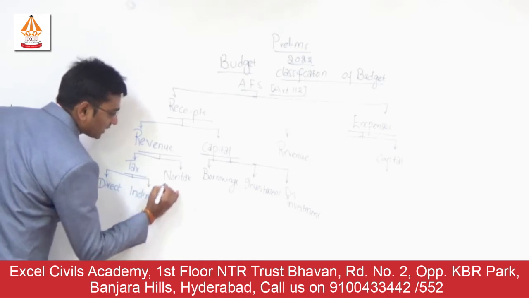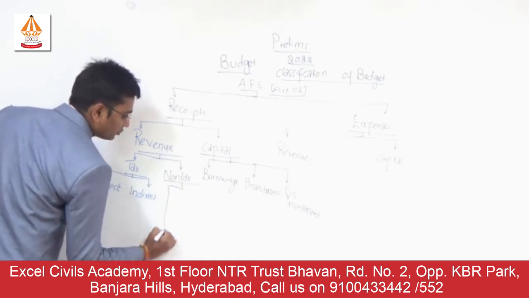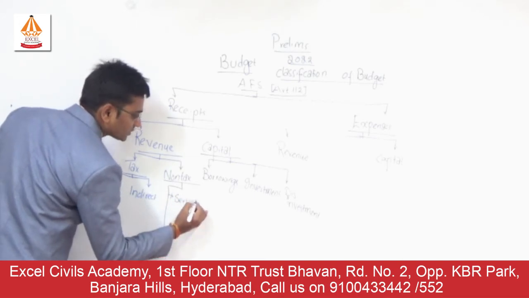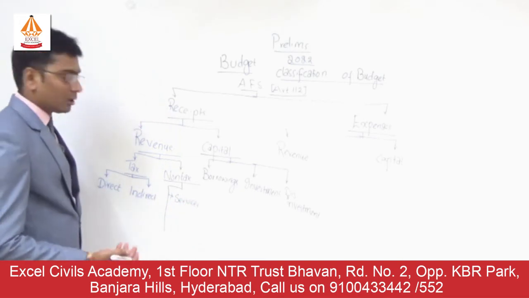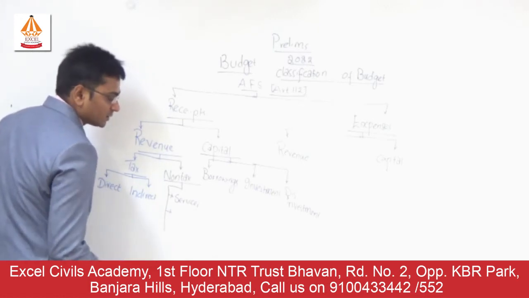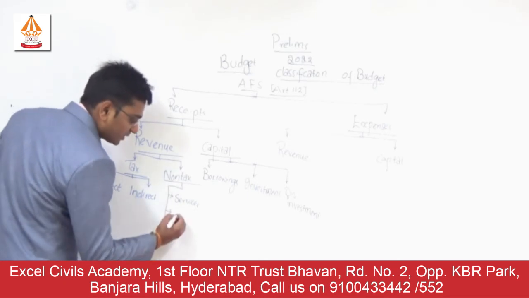As far as non-tax revenues are considered, they come from the services that the government provides, such as the railways, or the Yojana book or Kurukshetra that you are studying. Whatever the government gets in the form of services is considered non-tax revenue.